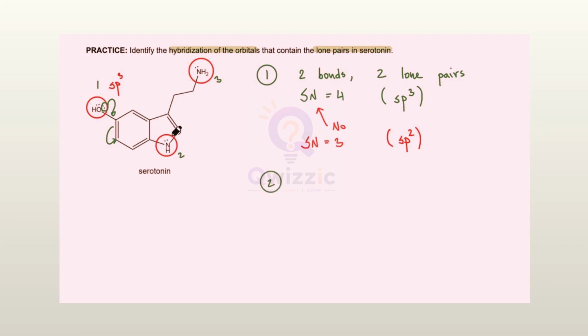Nitrogen, it has 3 bonds, 2 nitrogen-carbon bonds, and 1 nitrogen-hydrogen bond. So 3 bonds and a lone pair, which means that the steric number is again 4. 3 plus 1, and the hybridization is sp3, but is it?